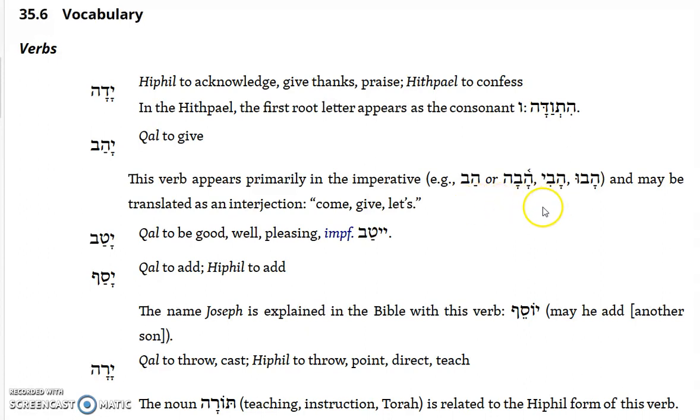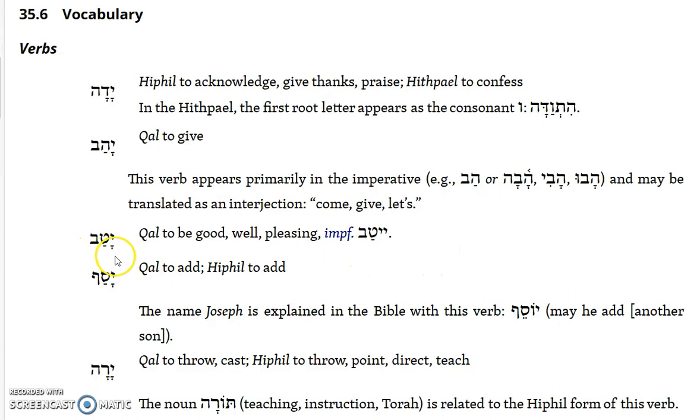And this imperatival form is used, even though the verb originally meant to give, idiomatically it comes to mean to come or let us do something. And so Hava Nagila means come, let us rejoice or let us be glad.